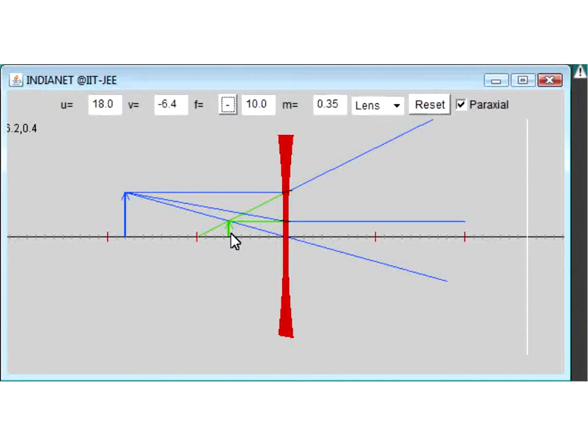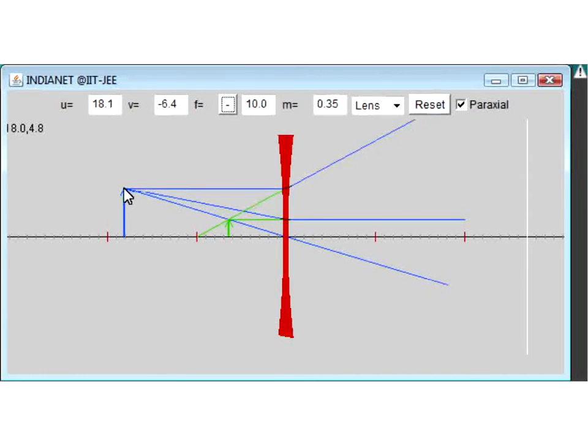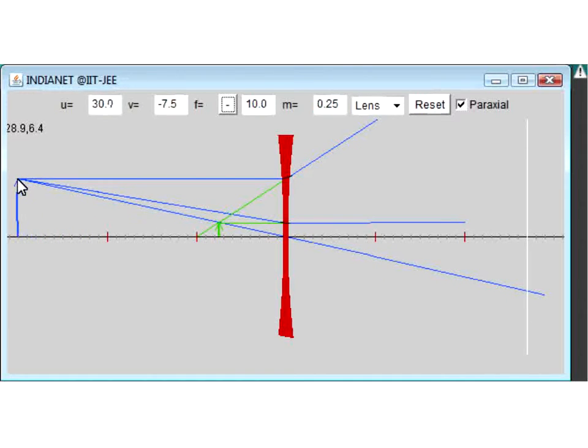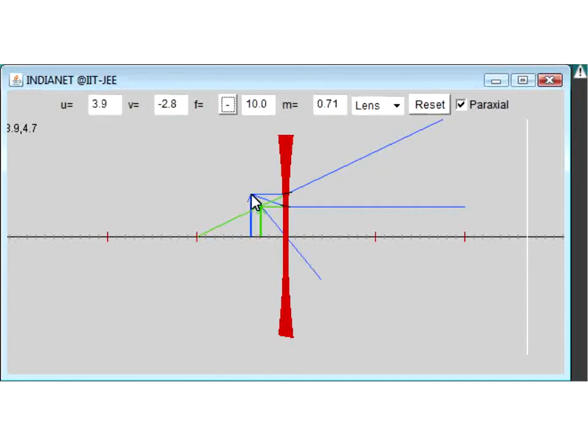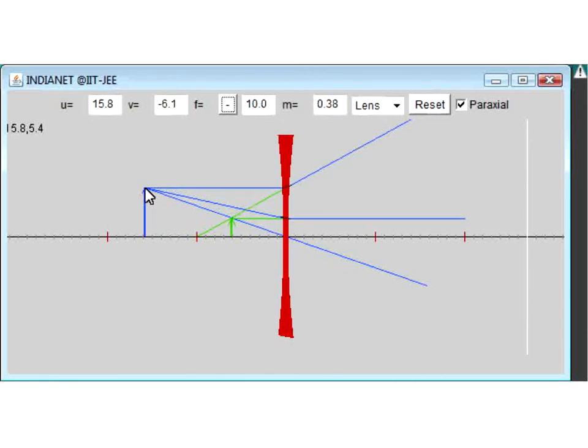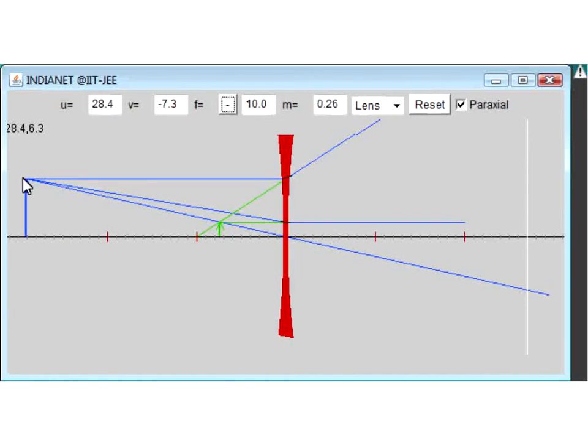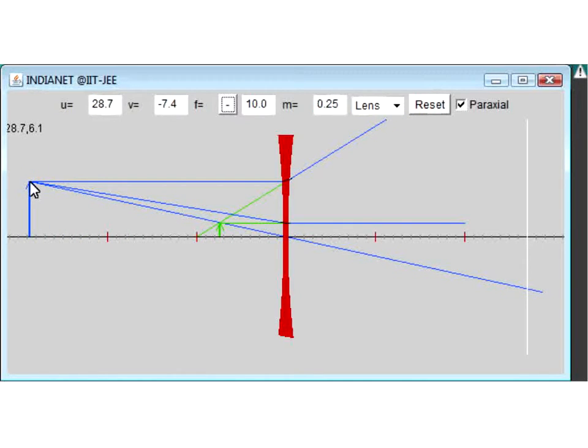Image is small but straight, and rays are not meeting on the right side. Rays exist on the right side, but they don't meet there, so we have to extend. This is a virtual image. So virtual upright small image, and no matter where I take the object, the behavior is the same. It is always virtual, upright, small.